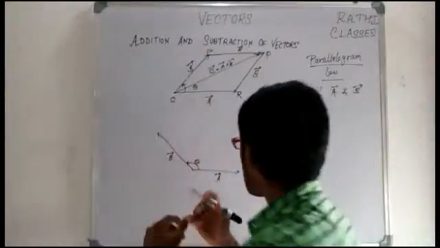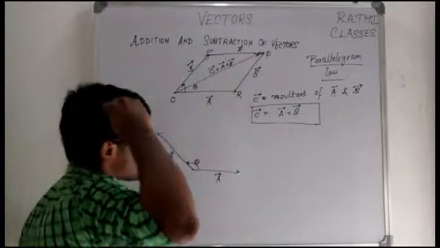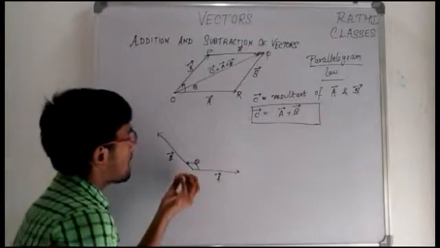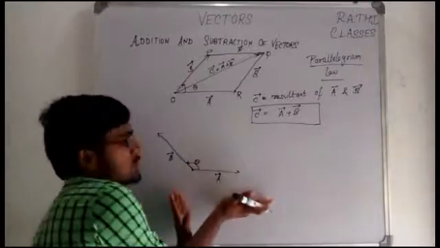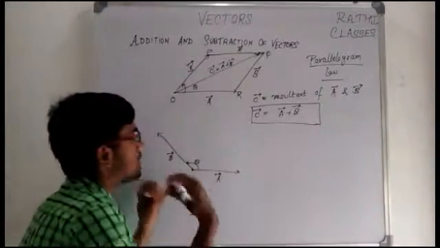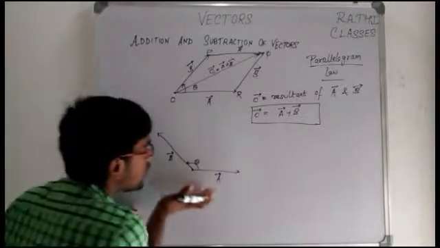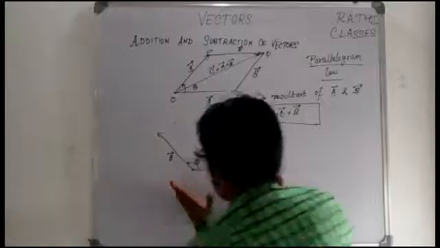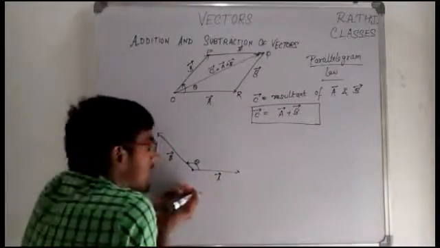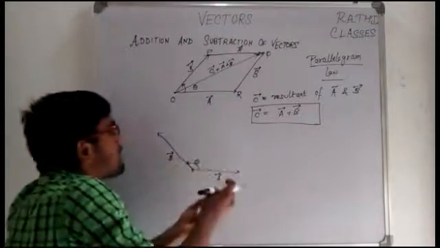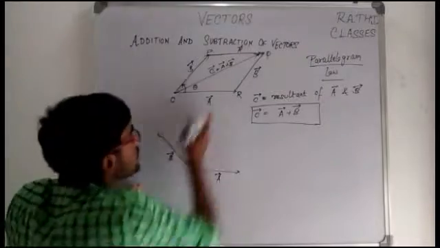Now in this case again, if I visualize that, I can imagine that a particle is placed here, and two forces are acting on this particle, because we can assume vectors to be force vectors. One force in this direction, one in this direction, the particle will have a tendency to travel in this direction, as well as in this direction. So the net effect will be somewhere in this direction.